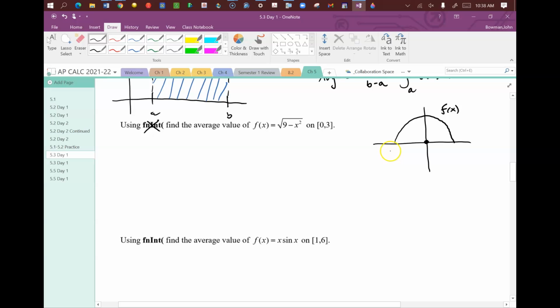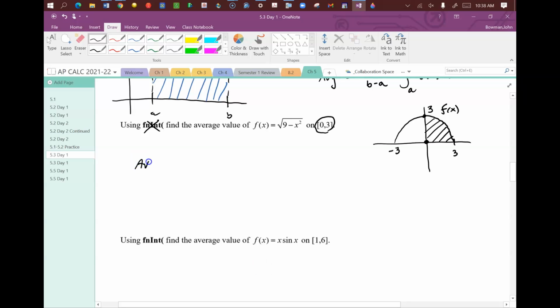So we have this is -3 and this is +3, and we want to find the average value of the function on the closed interval from 0 to 3. So we are going to find this area here, okay, and we happen to know that point right there is at a y value of 3. So we're going to find that area there from x equals 0 to x equals 3 and divide it by the length of the interval, which is 3.